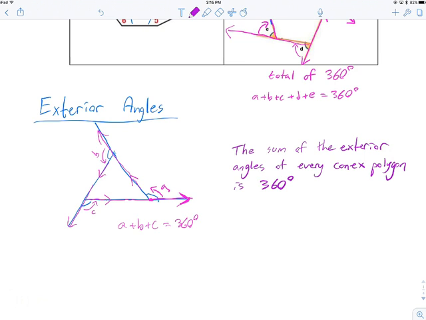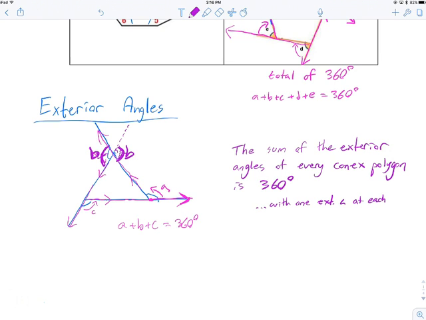One note is, notice we're only talking about one of the two exterior angles at each vertex. There are actually two vertical angles formed that are the same. So we could be talking about B here or B here, but when we talk about the sum of the exterior angles of every convex polygon is 360 degrees, we're talking about one exterior angle at each vertex, okay?